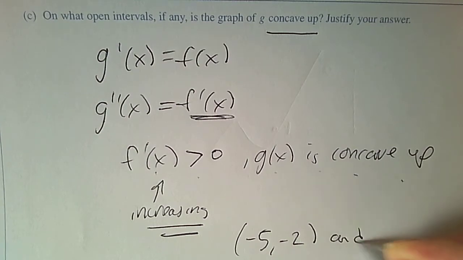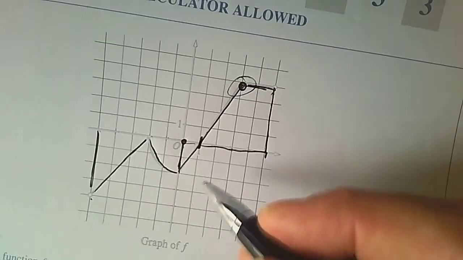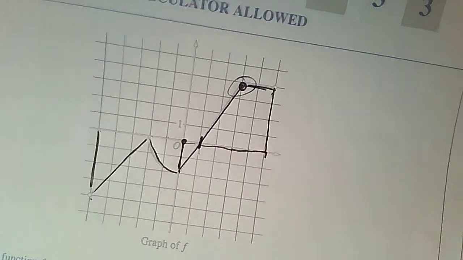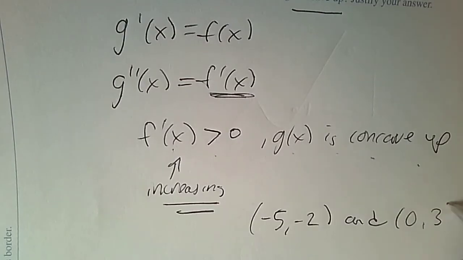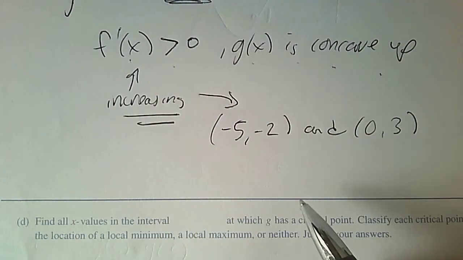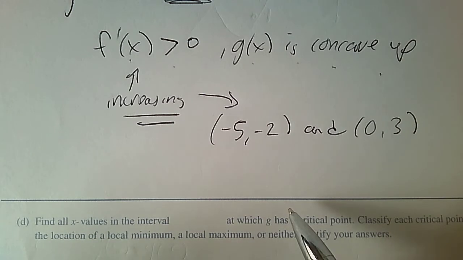And what other interval is it increasing? From 0 to, is that 3? So looking off the graph, where is the graph increasing? From -5 to -2, from 0 to 3. And where it is not increasing, it wouldn't be concave up.